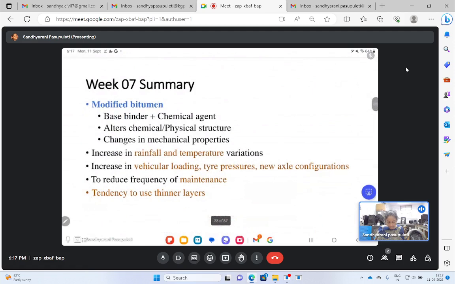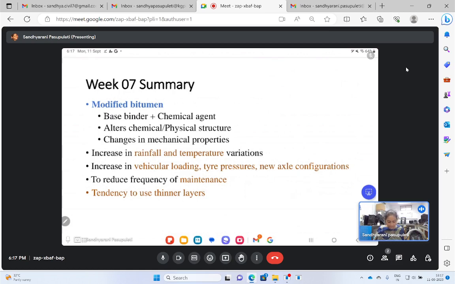So let us see the summary of last week. In this week, we have mostly discussed modified bitumens and the purpose of having them. Why do we even need to go for modified bitumens? We also discussed types of bitumens, which is the emulsion bitumen, and had a very brief discussion on cutback bitumen.